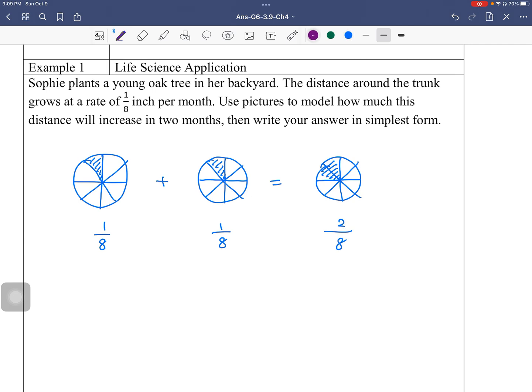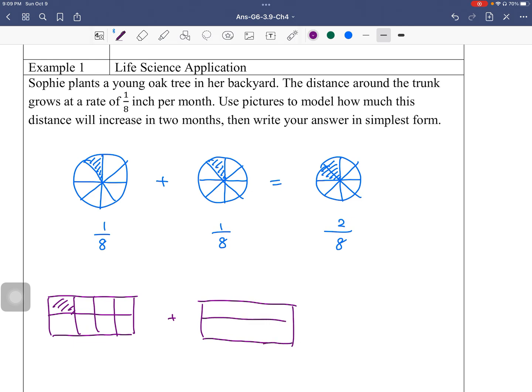Another kind of picture model is that I have 1/8 plus 1/8 that equals 2/8.